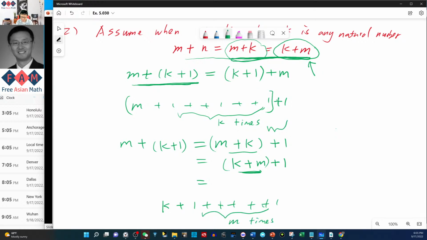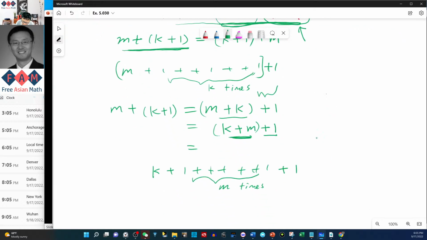This is what k plus m is all about. And then we have one more plus 1. So essentially we start at k, perform m additions, then 1 more addition.